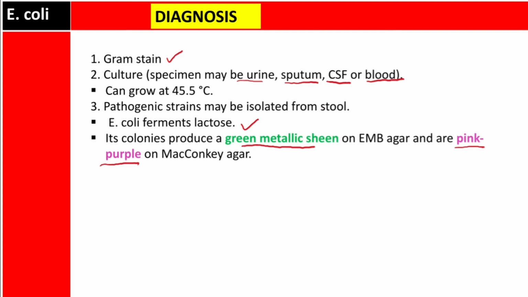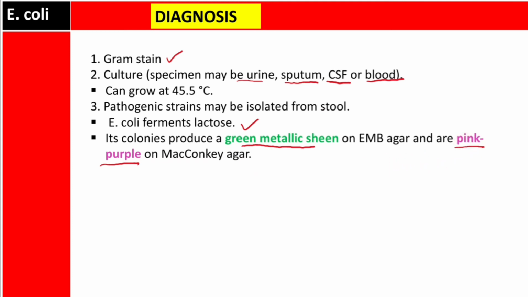E. coli, number one, it ferments lactose very fast. It grows on EMB agar, giving a green metallic sheen, and on MacConkey agar, giving a pink purple color. Sometimes they can say red. Just be careful, red or pink purple.